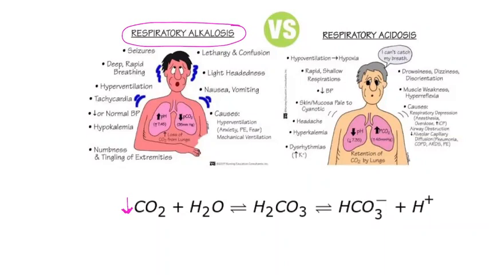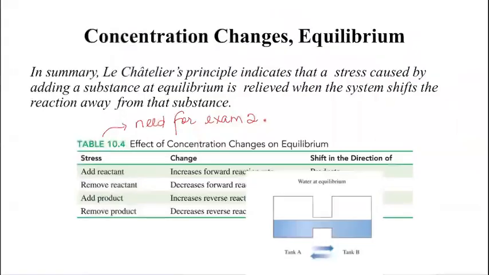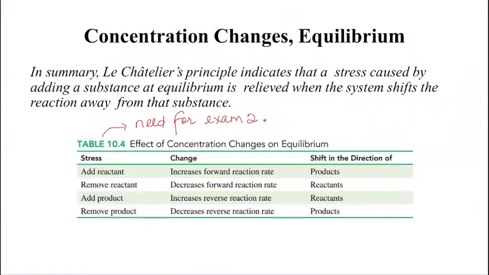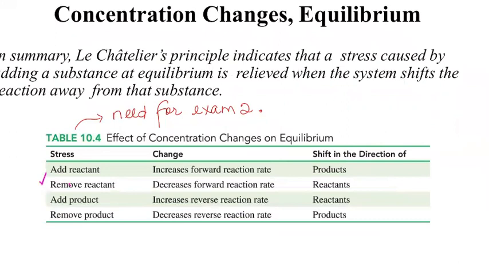If we go back to the table that we were working with, when we are removing reactant, you can see that the shift of the direction of my chemical reaction is going to be towards the reactants.